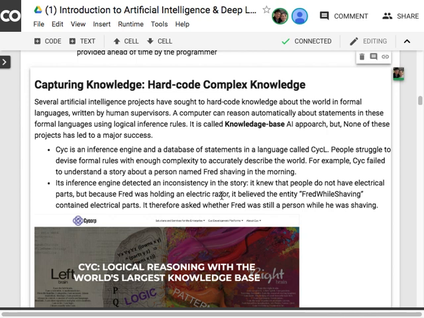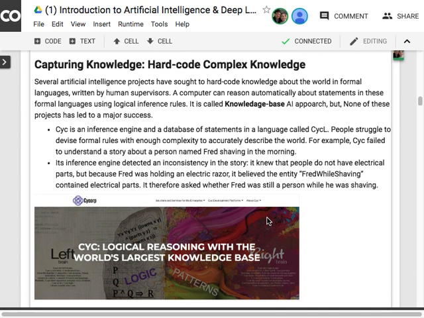They tried to write hard-coded knowledge into knowledge-based computers, and then infer from the statements that we put into it. But it was still not good, and kind of confusing, because it requires a human supervisor to input the knowledge into them.